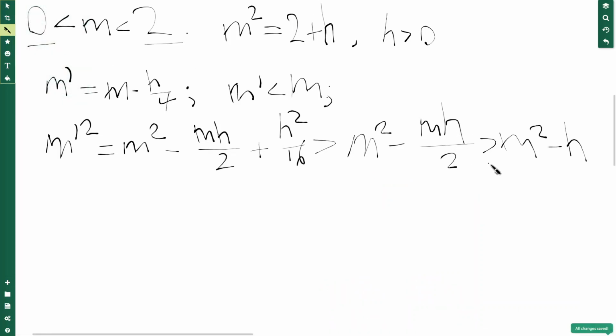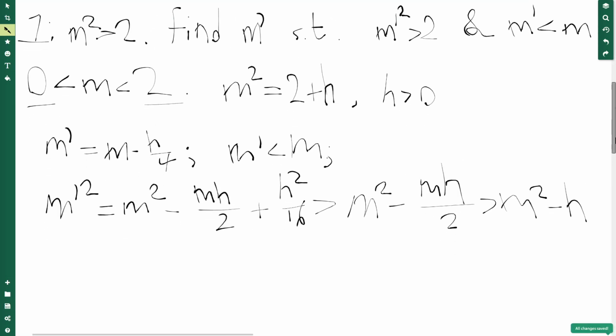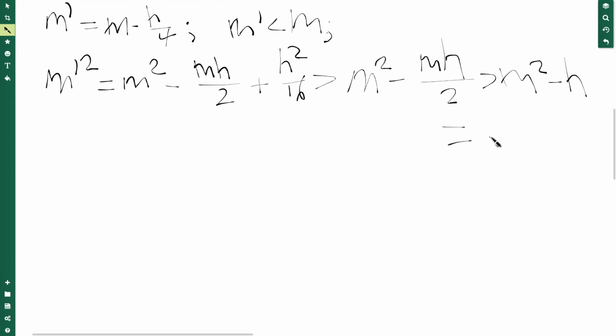So now we have established this, but notice that we wrote m squared as 2 plus h. So this is just equal to 2 plus h minus h, which is 2. And therefore, since we have created a chain of inequalities, we have shown that m prime squared is greater than 2. Okay?